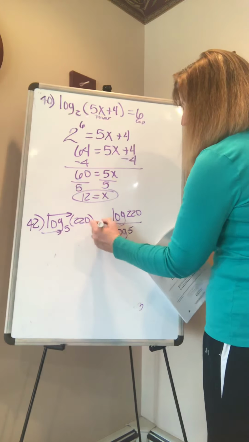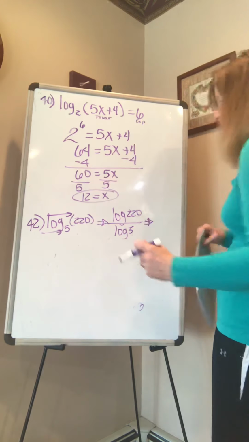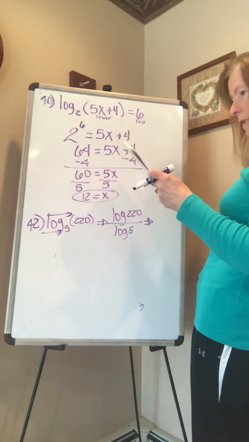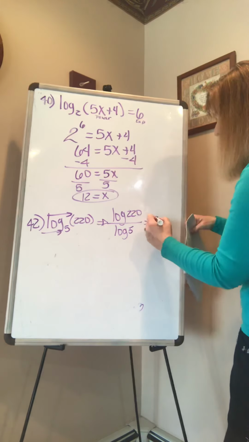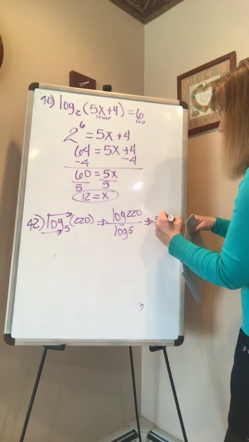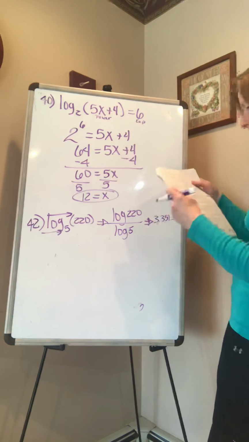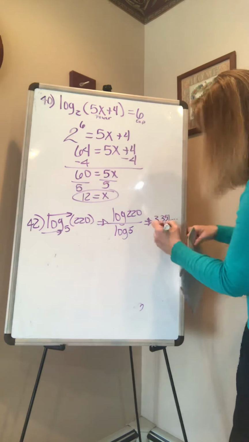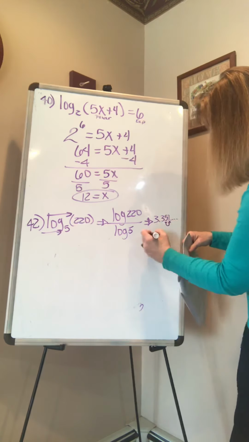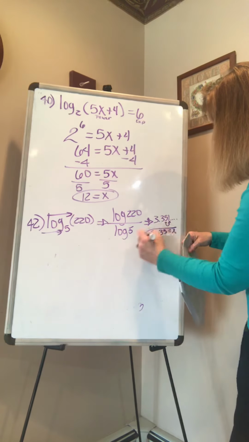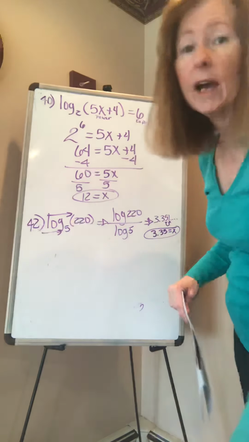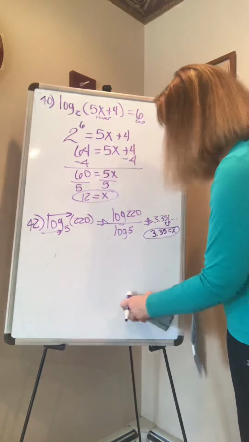Type this guy into your calculator and you get 3.351. It goes on and on. I'm out of room, but they said to round to the hundredth. So if I'm looking at a 1, 3.35 equals x. Please always make sure you're rounding to the correct amount.